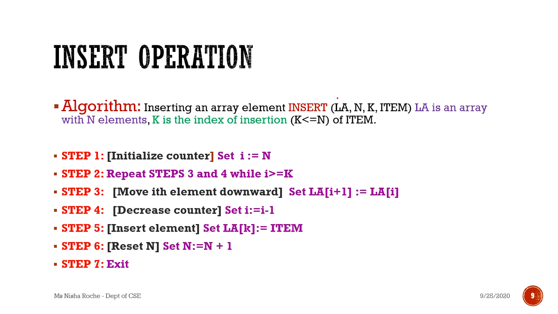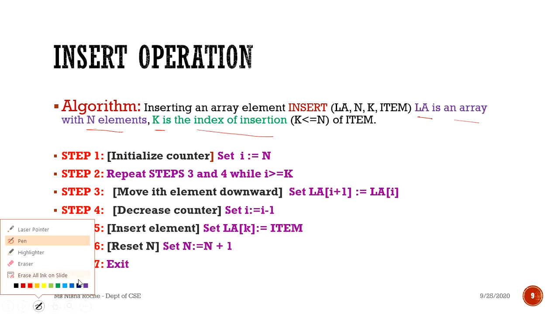Here the parameters used are LA, N, K and item. Next, we need to define what each of these parameters means. LA is an array with n elements. K is the index of insertion of item. In the lab program, the variable K was replaced by the variable position.